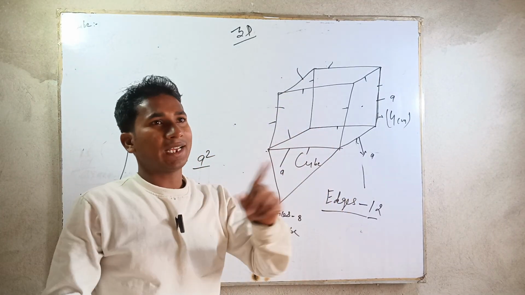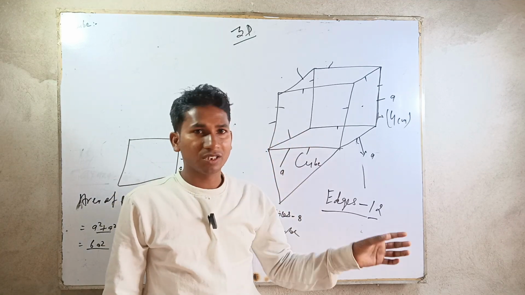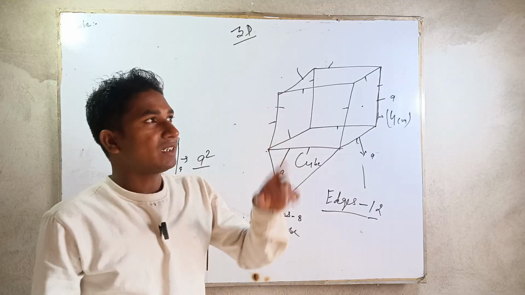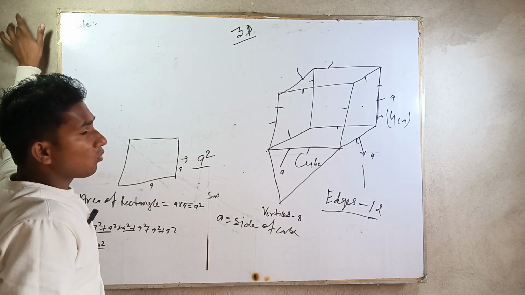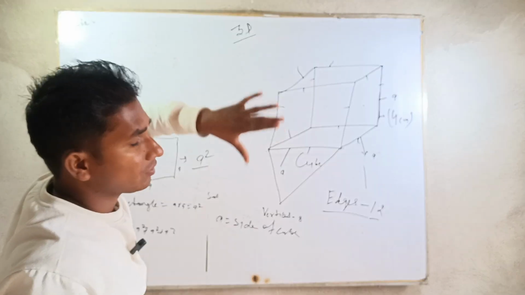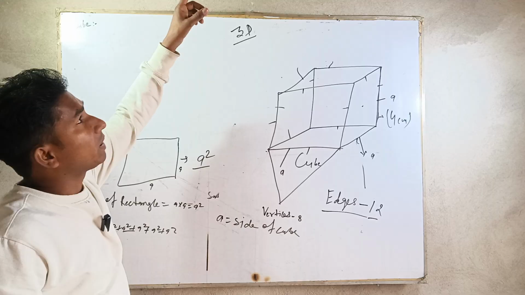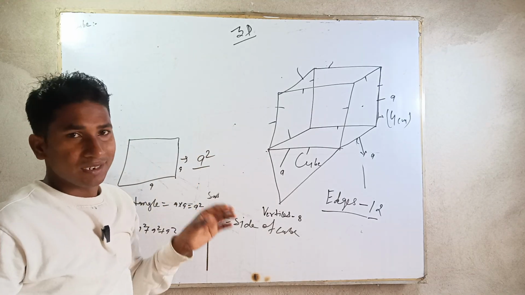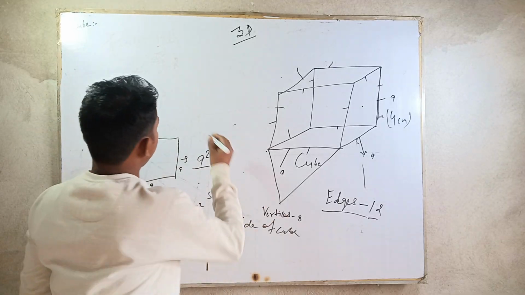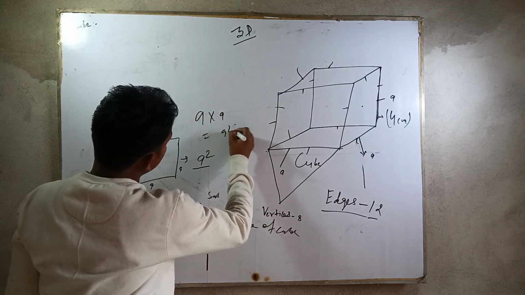The total area is 6 times the area of one face. This wall is in the shape of a square, so I multiply length and breadth. Because length and breadth are the same, its value is a into a, a square.